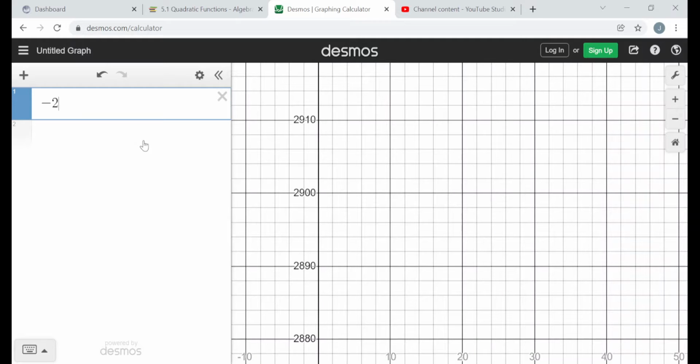So negative 2,500 times 9, and then plus what would equal 31,000? So I need 31,000 minus this. So 53,500 for the y-intercept.